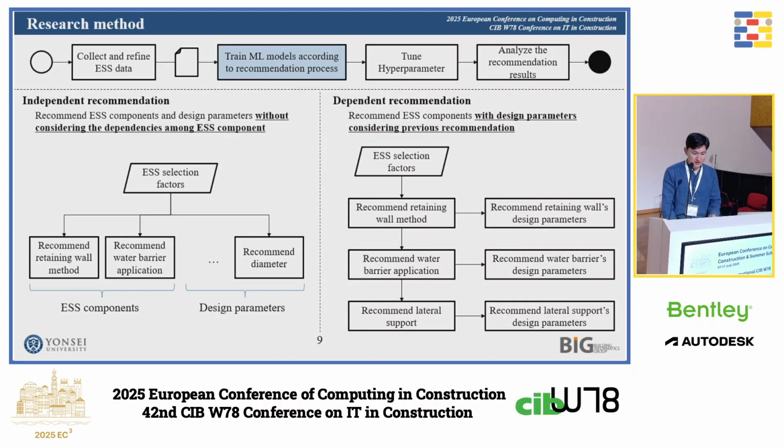On the other hand, the dependent recommendation process follows a process more similar to the actual design process. One suitable method for the retaining wall, water barrier, and lateral supports is selected. The corresponding design parameters are then recommended sequentially in relation to those component choices.